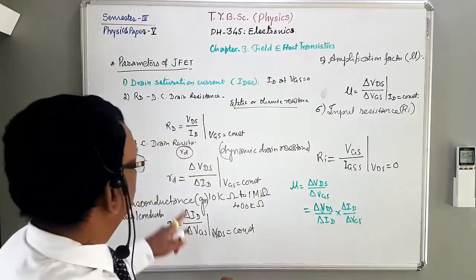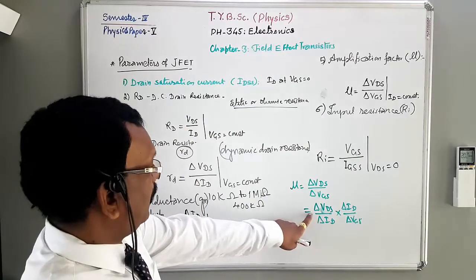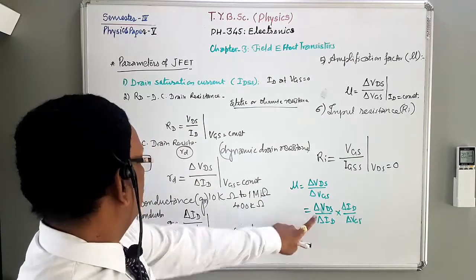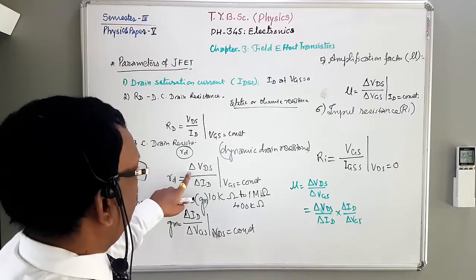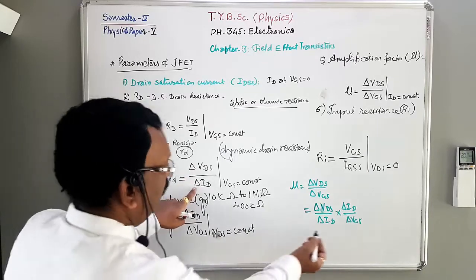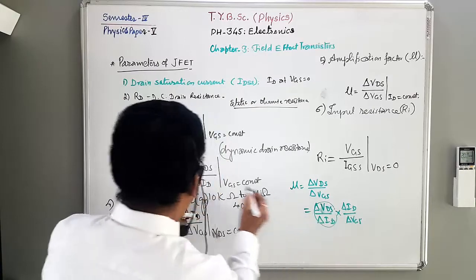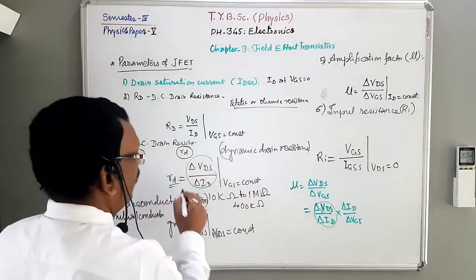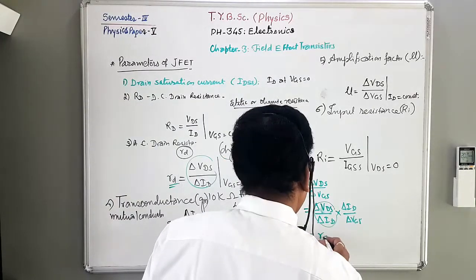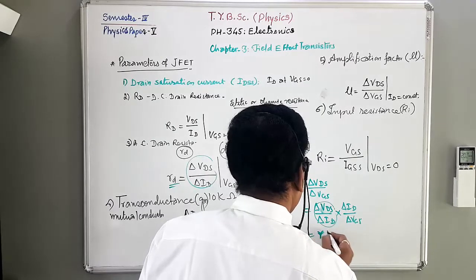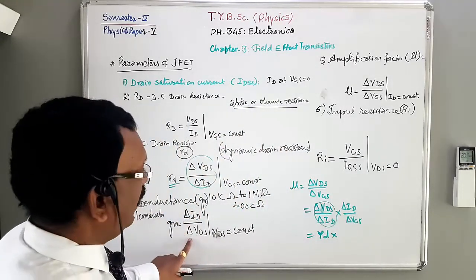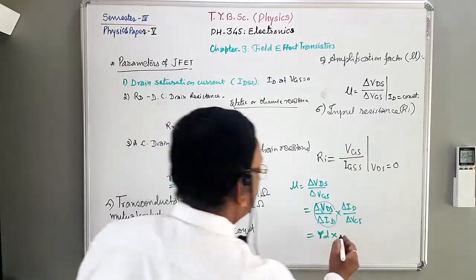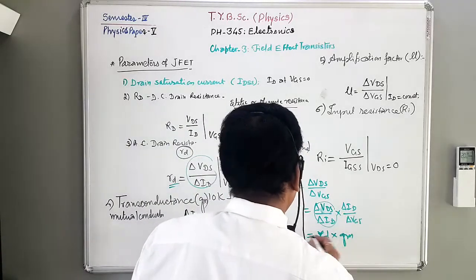Delta VDS upon delta ID is nothing but RD. So, RD into delta ID upon delta VGS. Delta ID upon delta VGS is nothing but gm.